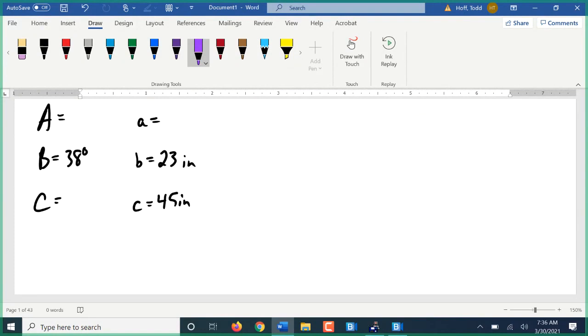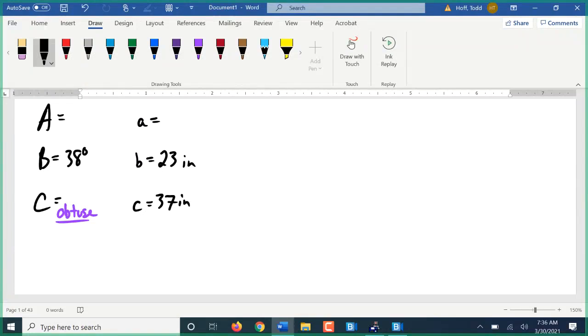And I am going to tell you here that angle C is obtuse. Actually, I'm going to make sure this works out. I'm going to make side C here 37 inches, because I don't want to end up with that case where the side is not long enough to reach back to the other side.